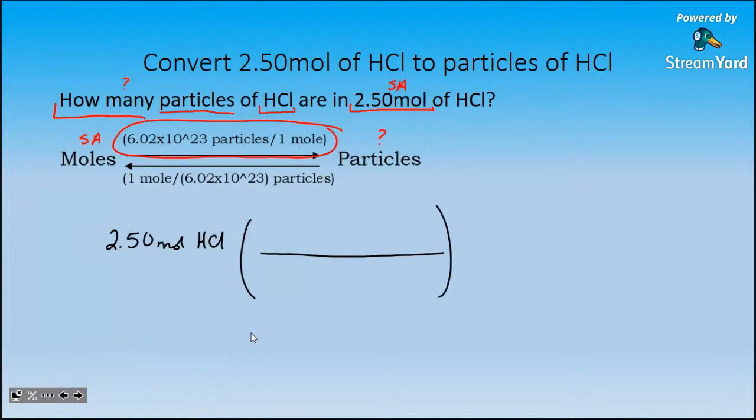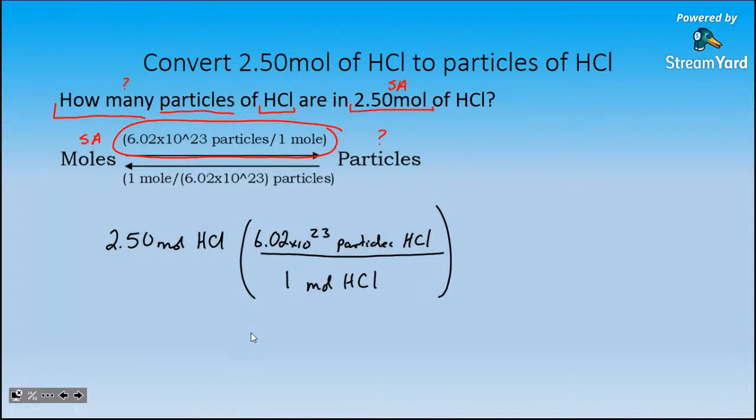Where in that conversion factor, again, I'm going to need 6.02 times 10 to the 23rd particles of HCl. And again, we could use the term molecule or formula unit, but we're using the catch-all particles. And then I need 1 mole of HCl.